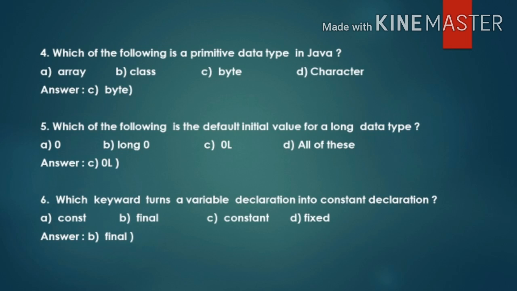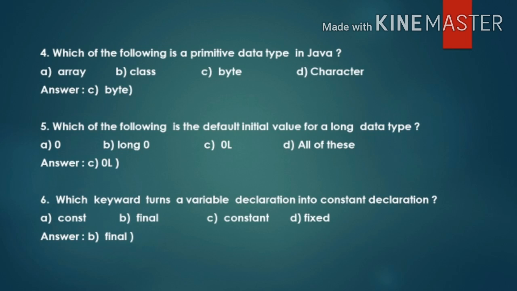Which of the following is the default initial value for a long data type? The options are A is 0, B is long 0, C is 0L and D is all of this. The correct answer is C, 0L.